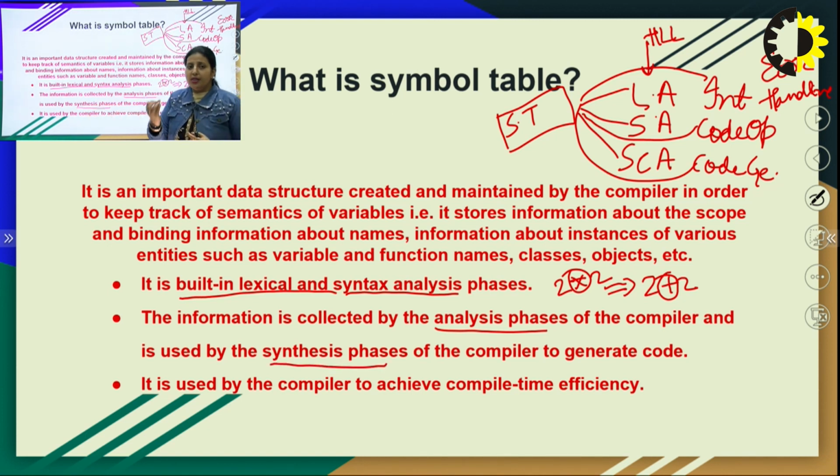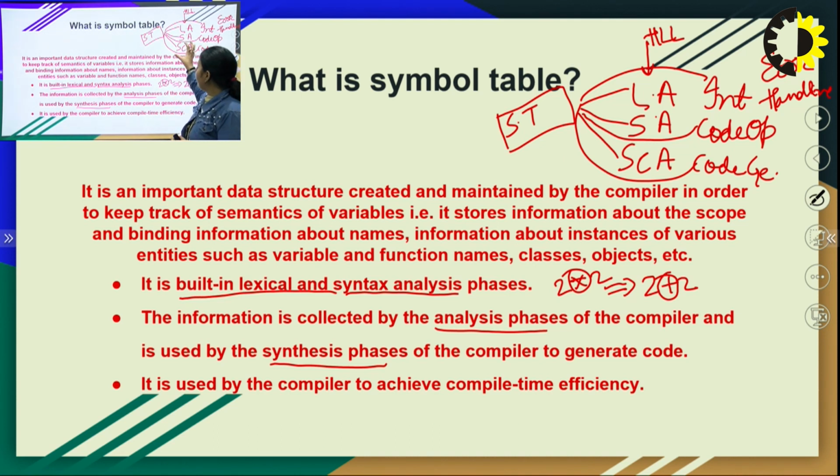The analysis phase comprises the lexical analysis phase, syntax analysis, semantic analysis and the intermediate code generator. So these four phases come under the analysis phase, and the last phases, that is code optimization and code generation, come under the synthesis phase.